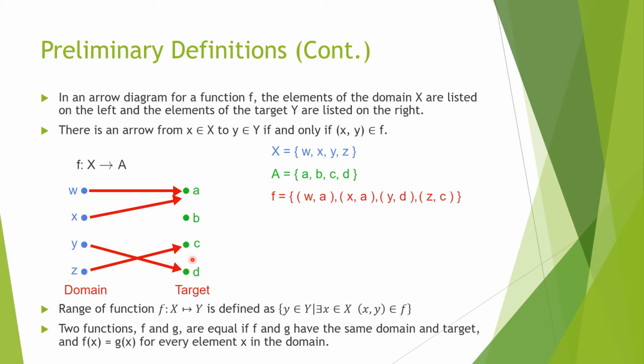C and d are also elements of target, and they are also elements of range because for c there's an element in the domain like z that is mapped to it, and for d there is an element of domain like y that is mapped to d. So the range of this function is {a, c, d}. Obviously, {a, c, d} is a subset of {a, b, c, d}. So range is always a subset of target.